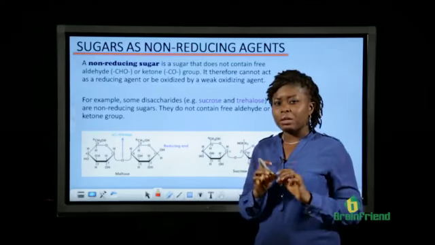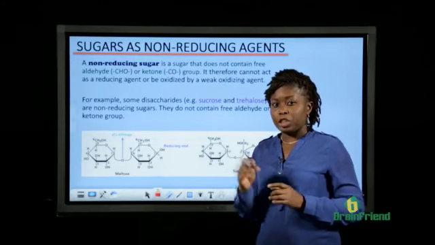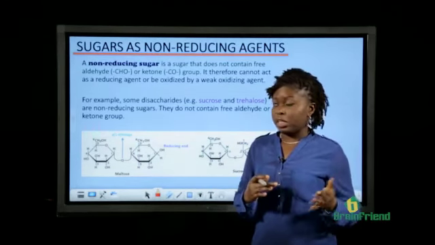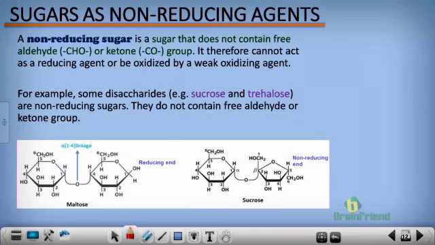You'll be able to tell the key features that make a sugar a reducing sugar and make another one a non-reducing sugar. Now, let's look at the key things that make a sugar a non-reducing sugar. A non-reducing sugar is one that does not contain a free aldehyde or ketone group.